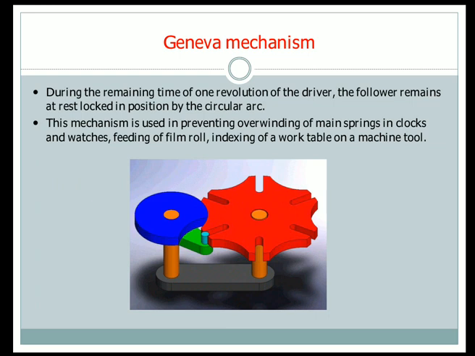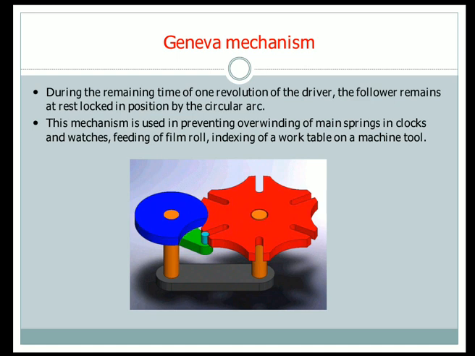Here they have given the three-dimensional figure. Here you can easily see the driving wheel will rotate for 360 degrees, and the follower will rotate only for some specific angle. The driving plate will engage with the follower and rotate it a quarter or less of the rotation, and again it will disengage from the follower and move further to make one complete rotation.